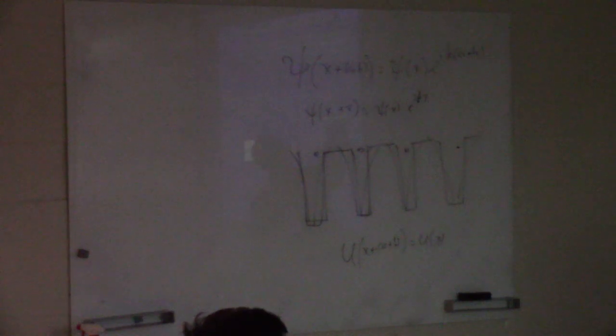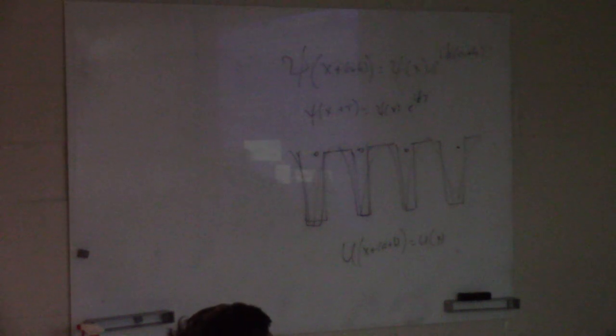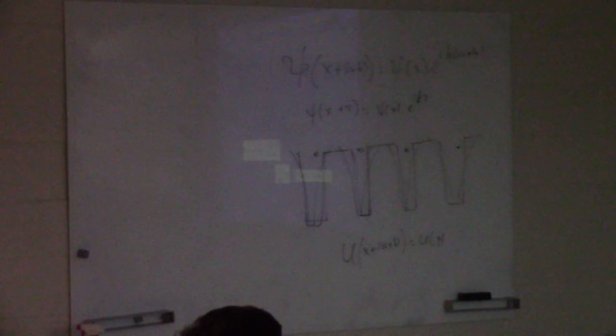Region 1 means this region, 0 to a. Kappa is given by this, so kappa squared is 2mE over h bar squared. That means E is h bar squared kappa squared over 2m. That's fine, right?